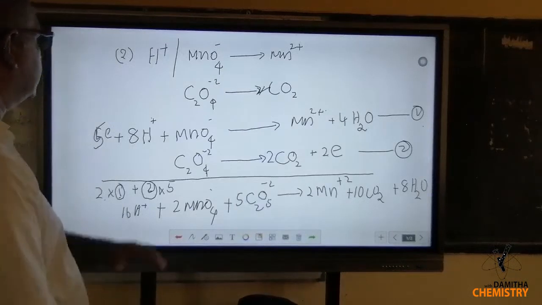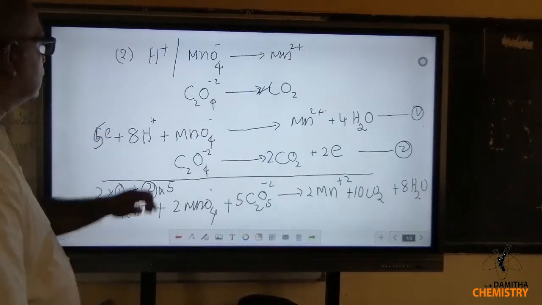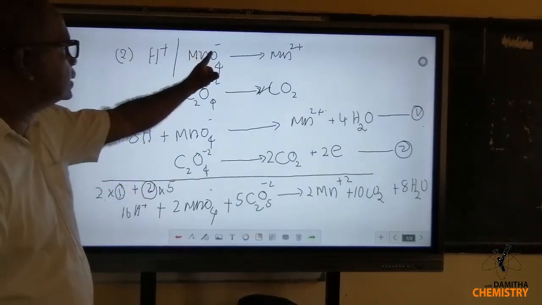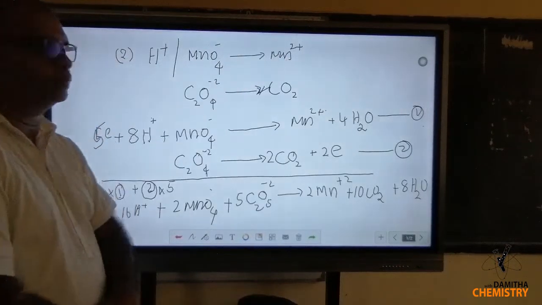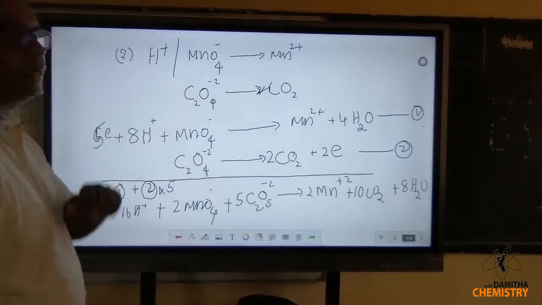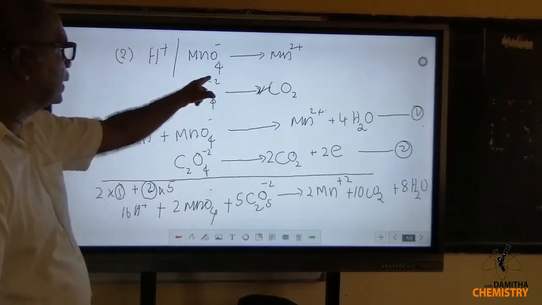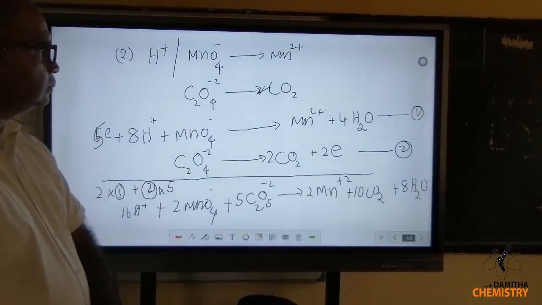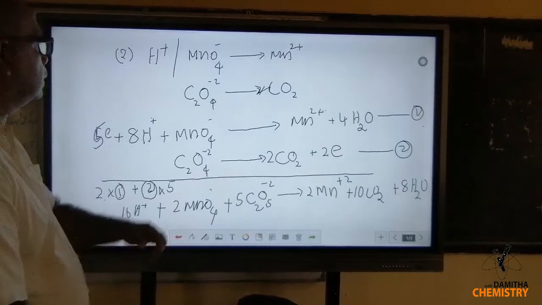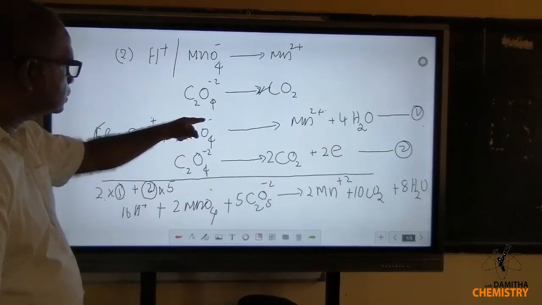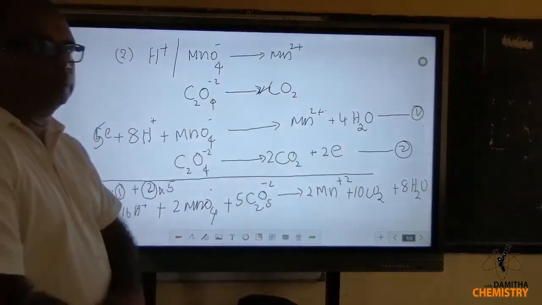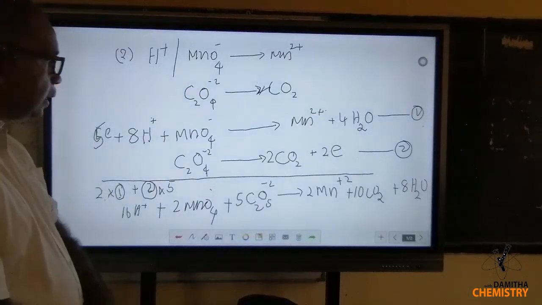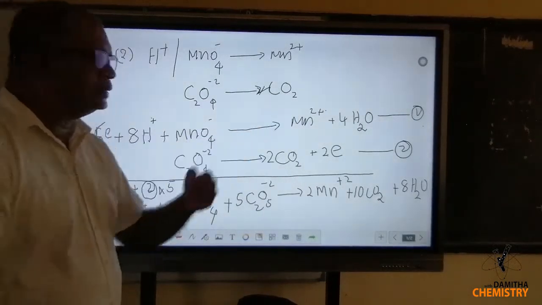Again, the second example: acidic media, MnO4- gives Mn2+. Oxalate, C2O4 2-, gives carbon dioxide. MnO4- gives Mn2+. The main element is balanced: 1 Mn on each side.